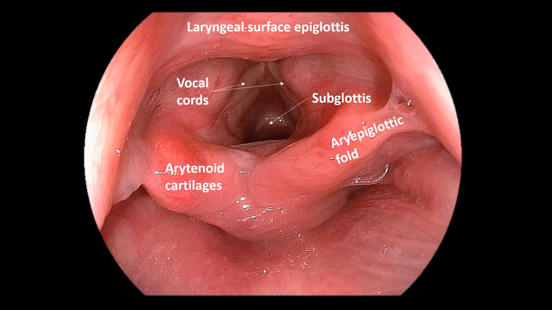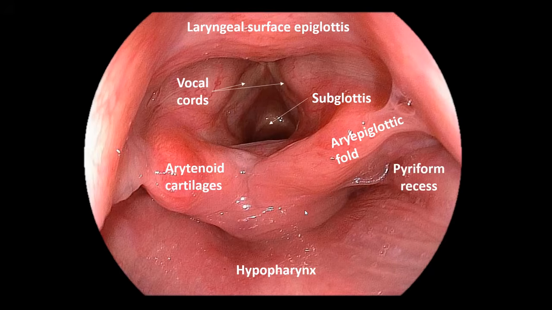Now, posteriorly, we find the hypopharynx, and located in the depth is the entrance to the esophagus. And these recesses over here, located on both sides of the aryepiglottic fold, are the piriform recesses.